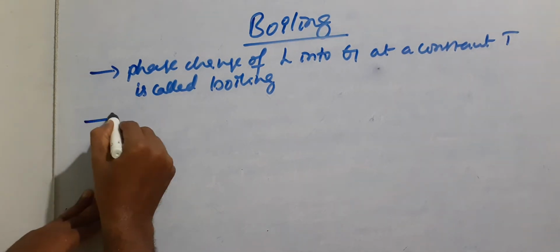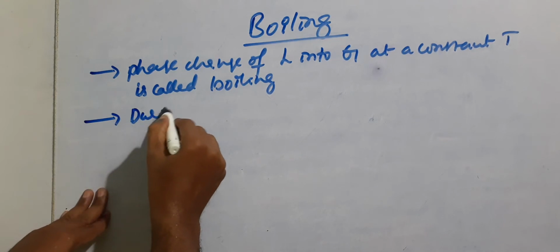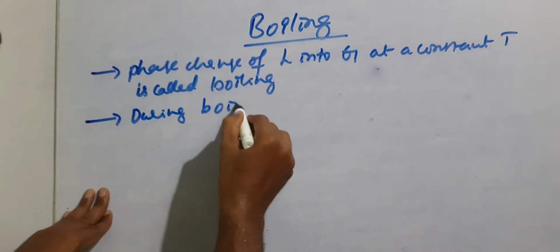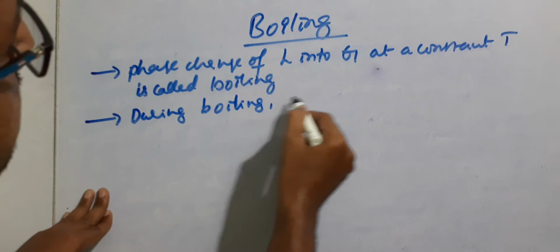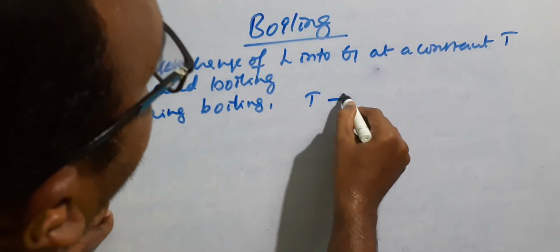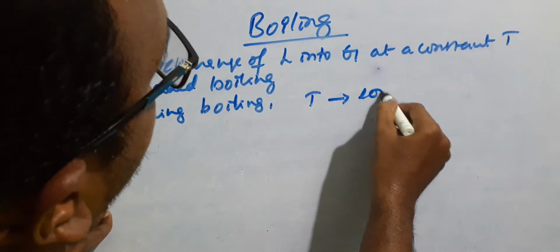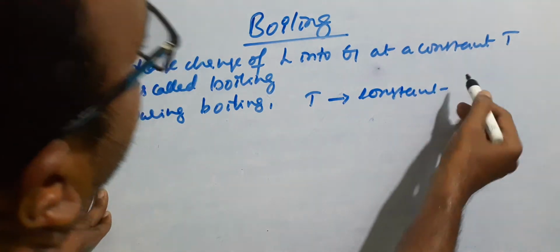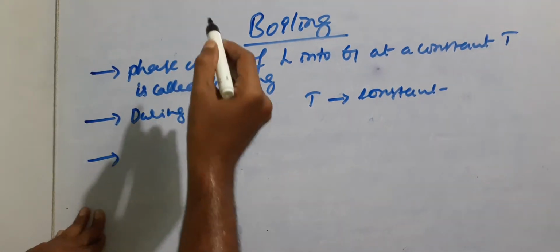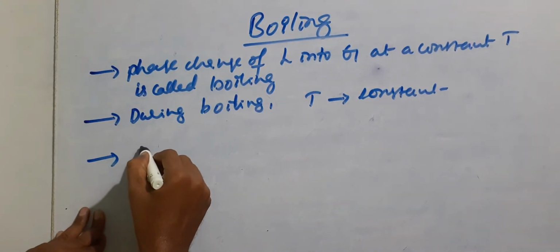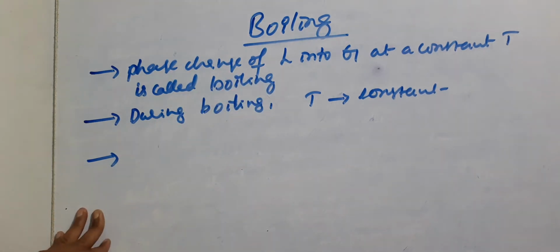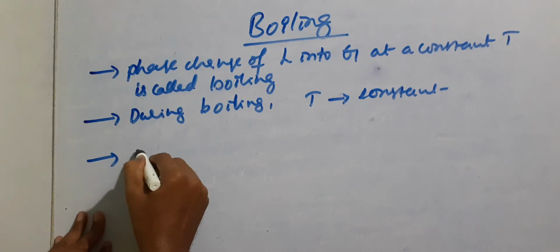It means that during boiling, the temperature of the liquid does not rise, it remains constant. But for boiling, we must heat the liquid. So to boil, we must supply heat energy.